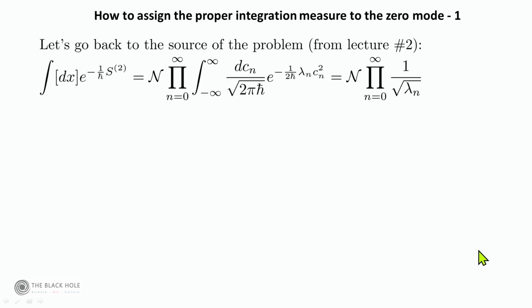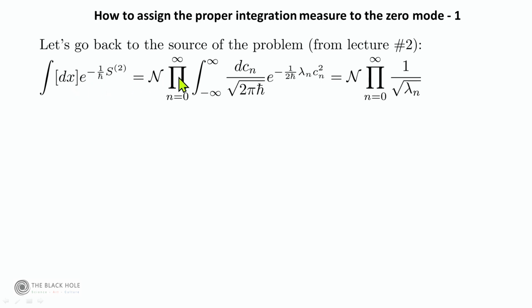So now we have to start worrying about why we got that 0 and how to fix that problem. Let's go back to the source. So we are looking at fluctuations. In other words, we are integrating over all possible trajectories x. And since xc has been fixed, that means we're integrating over the xi's.